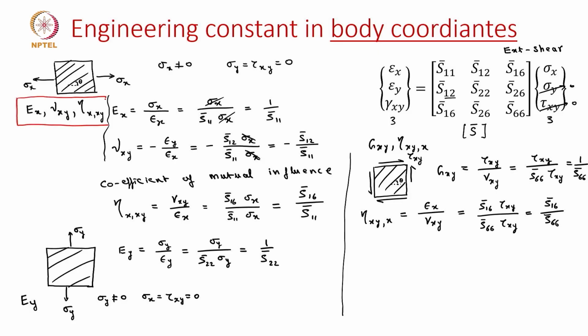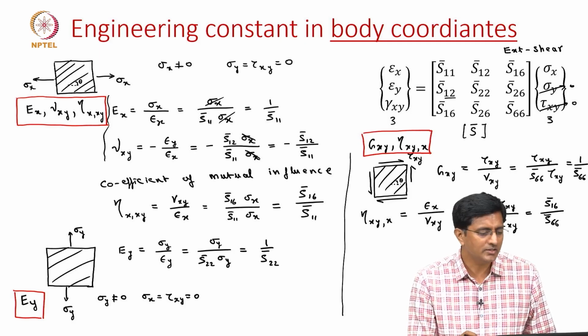We have got 3 elastic constants Ex, nu xy and this coefficient of mutual influence x comma xy, and then from the second experiment we got Ey, and from the third experiment we got Gxy and another coefficient of mutual influence which we write as xy comma x.